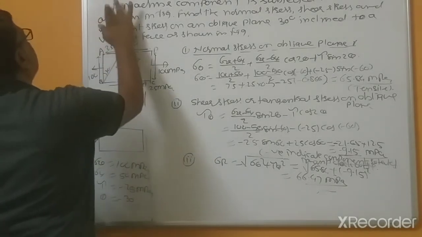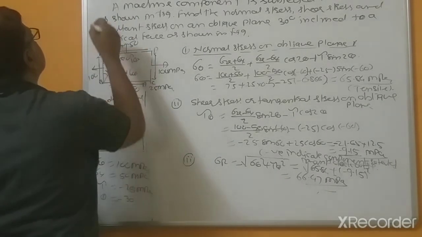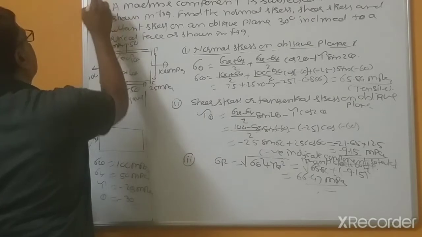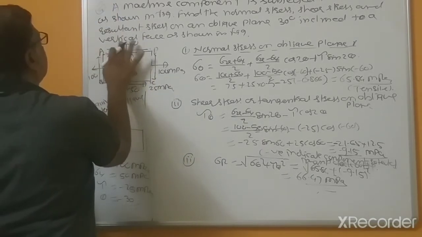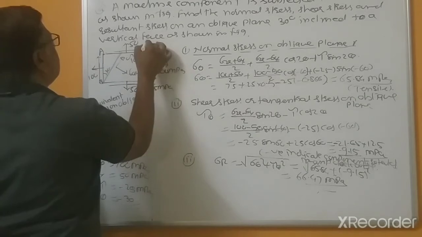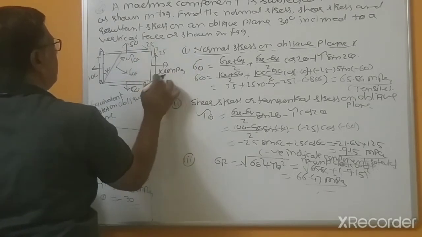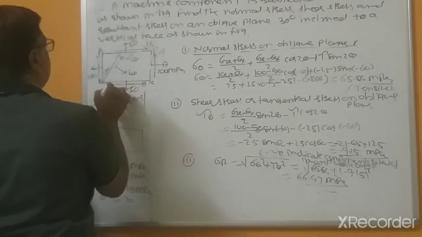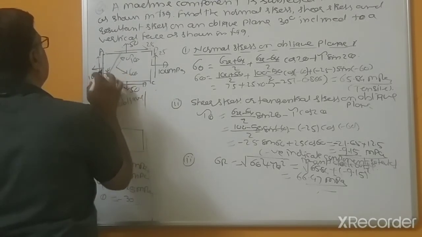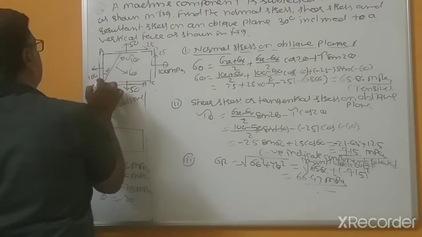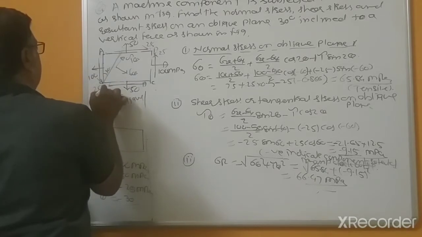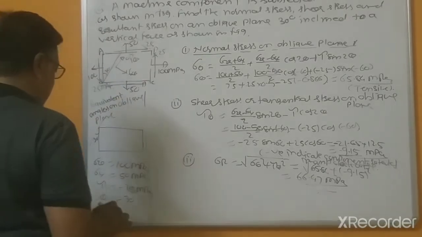Now the fourth problem. So here this 25 megapascals changes above the sign. Now this is 25, so this is plus.